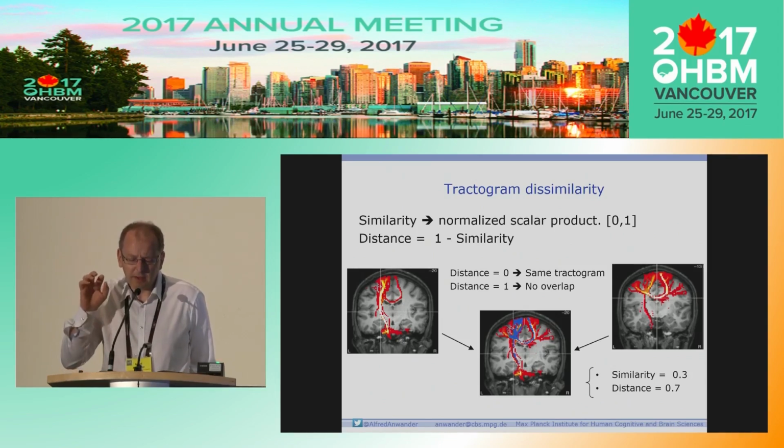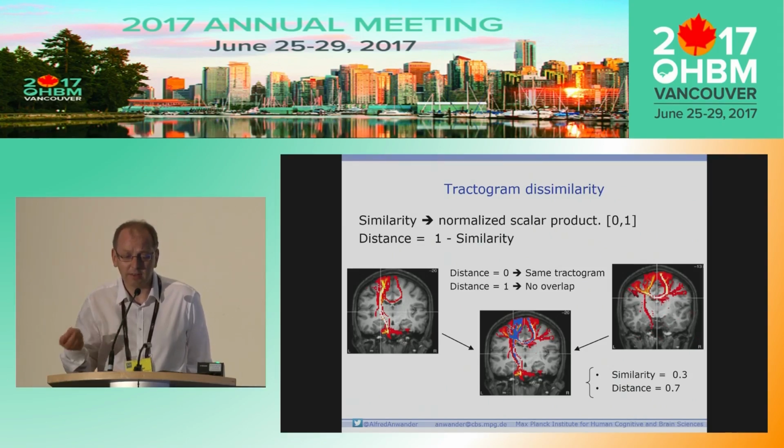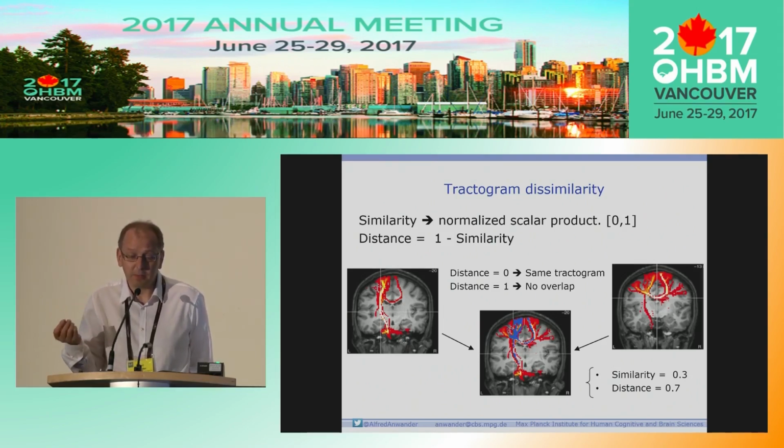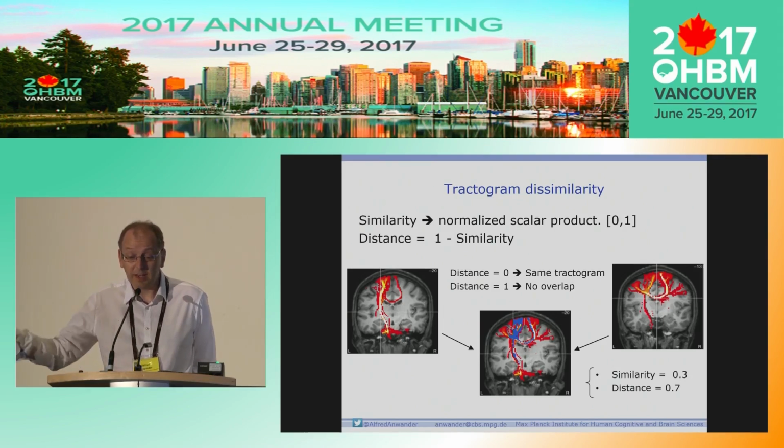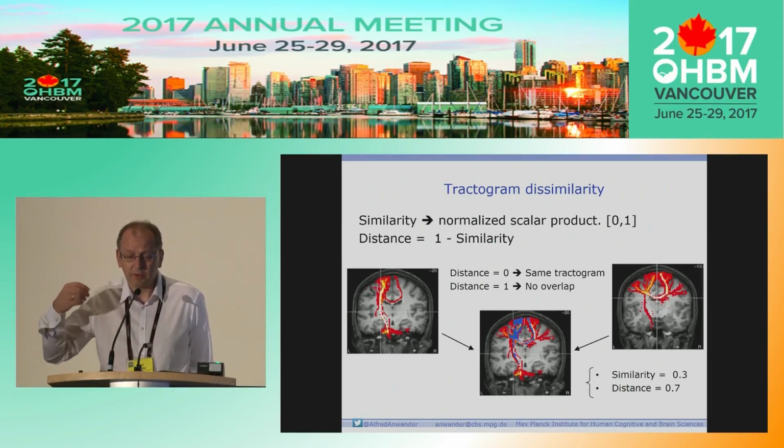The main reason is that, as we saw before, if we do probabilistic tractography, we have high values in the white matter, and the closer we come to the cortex, the lower the intensity gets and the higher the noise level, like the estimation bias. So if we take only the endpoints, we'll have a lot of noise in our connectivity estimates.